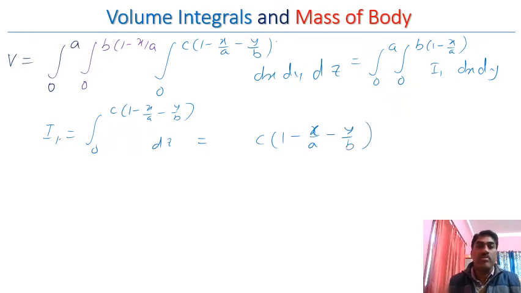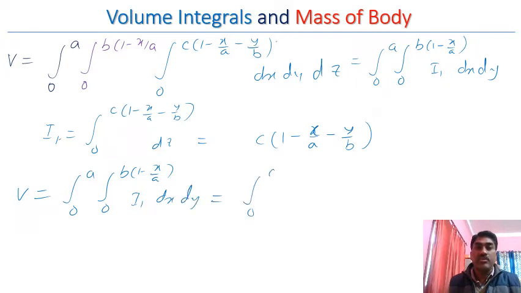Now put the value of I1. So V becomes the integral from 0 to a, of the integral from 0 to b times 1 minus x by a, of I1 dy, dx, and again we take it as 0 to a, I2 dx. What is I2?